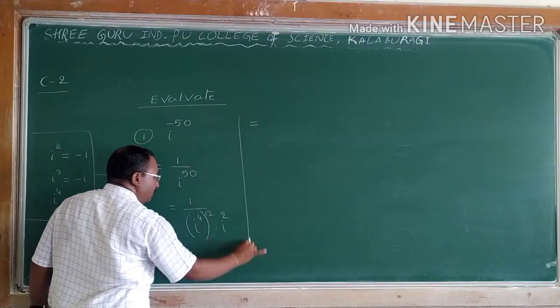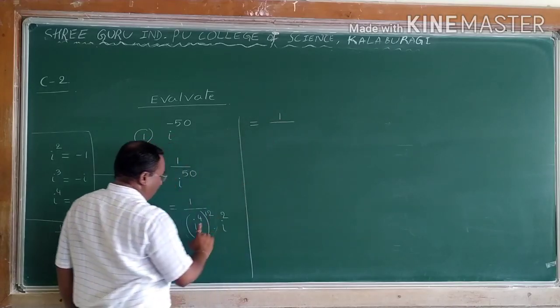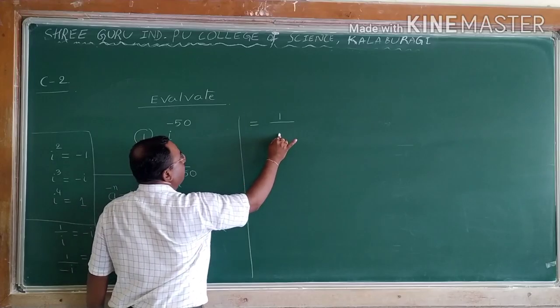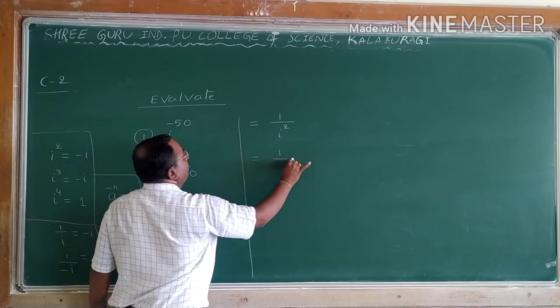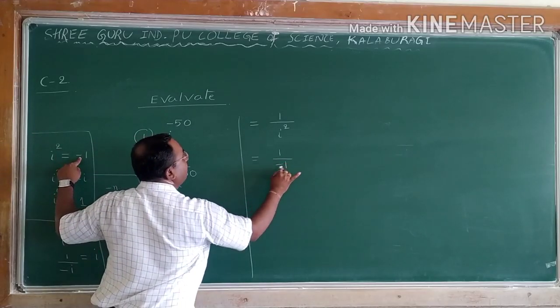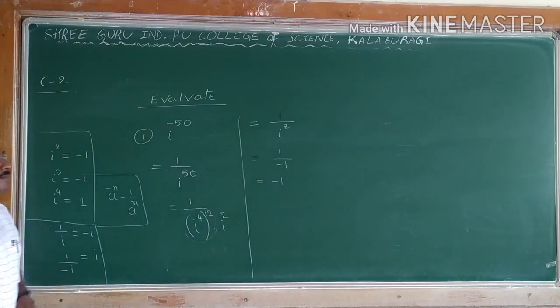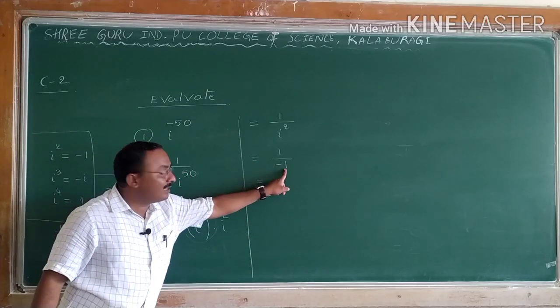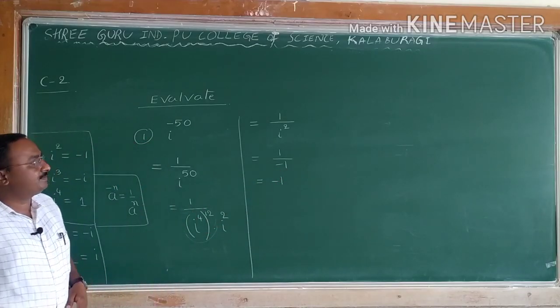Next, continue. 1 divided by 1 into i square, value is what? i square value is what? Minus 1. 1 by minus 1 is what? Minus 1. This is not i, 1 by minus 1 is what? Minus 1.